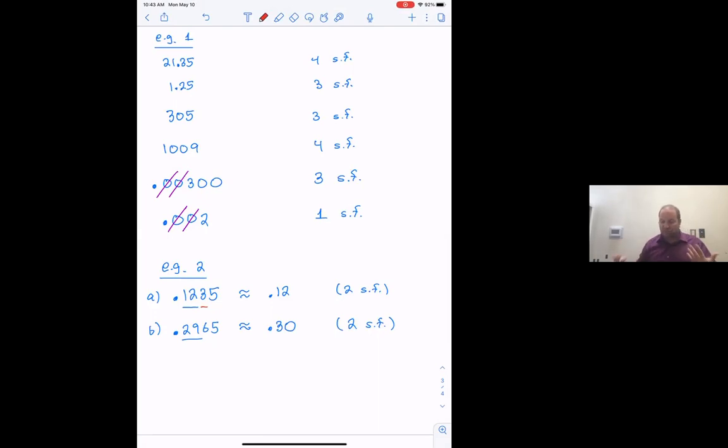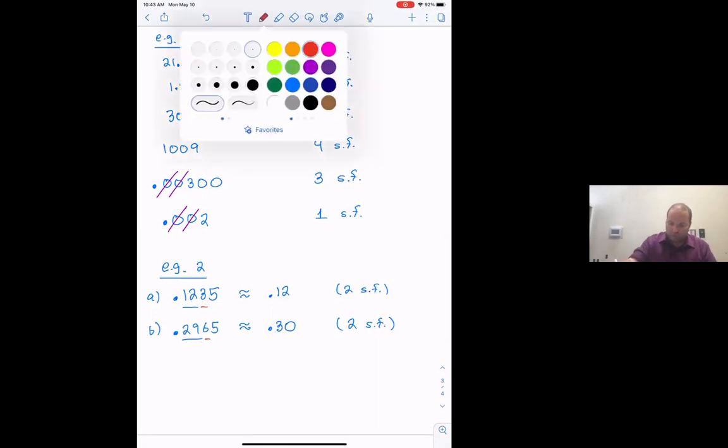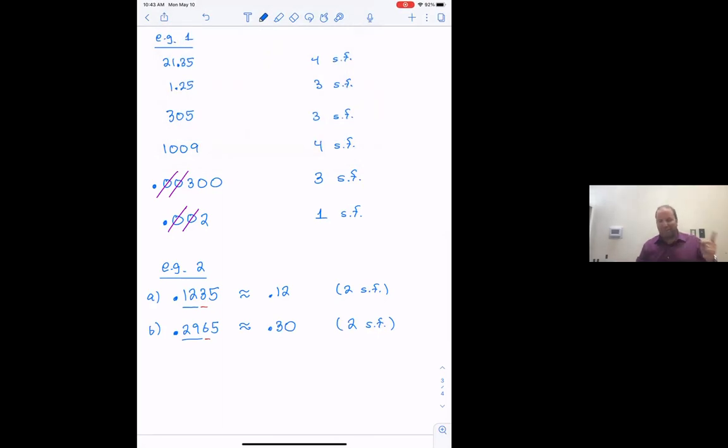But in the second case, where it's 6, it's faster and closer rounding up to 2 significant figures: 7, 8, 9, 0, than it is going down: 5, 4, 3, 2, 1, 0. So the rule of thumb is, if the number next to where you're stopping is 5 or more, round up to the next number. And if it's 4 or less, 4, 3, 2, 1, 0, you round down. So here's question C. It says 415.25, and it wants to round to 3 significant figures.